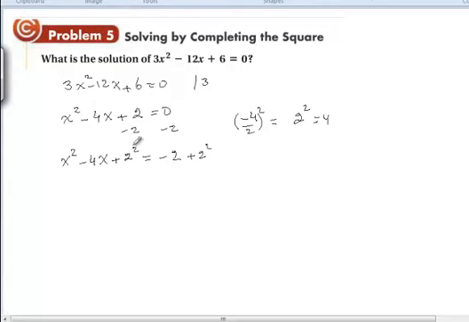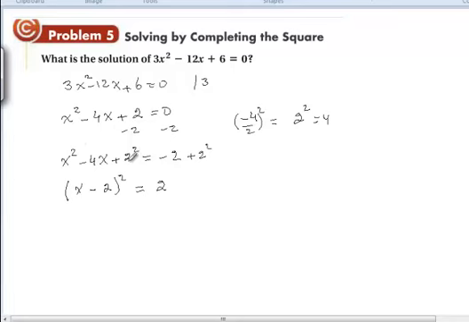So in this case, the left side becomes x minus, according to the sign, 2, squared, which is equal to negative 2 plus 2 squared, 4, minus 2, which is 2. Do you know why this makes a complete square? We explained in a previous question.